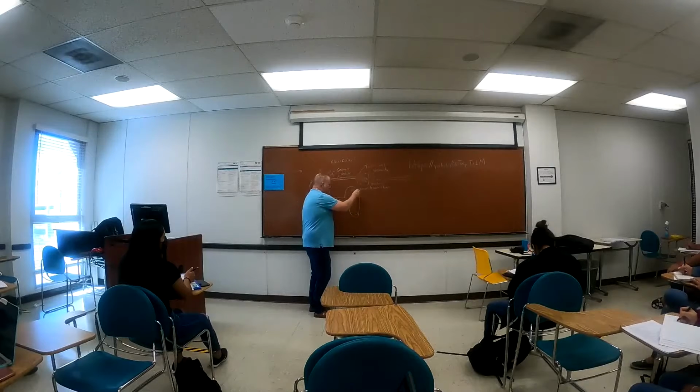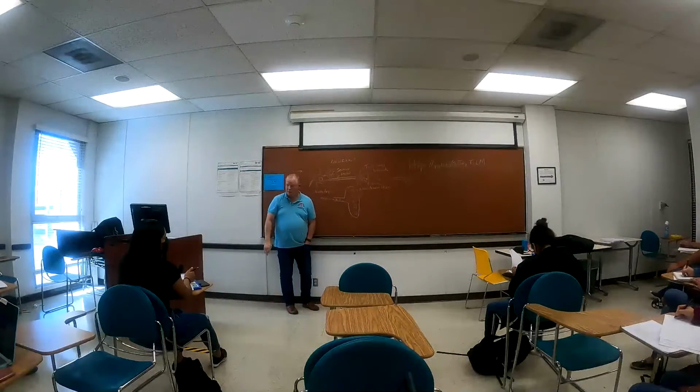Now, these two things, the terminal branch and the dendrite of another neuron, are really, really close. They don't touch, but they're really, really close.